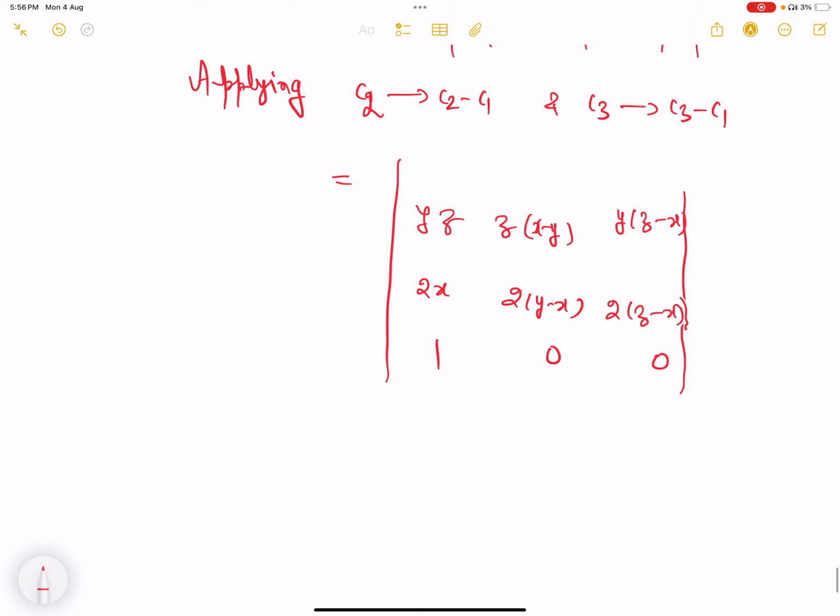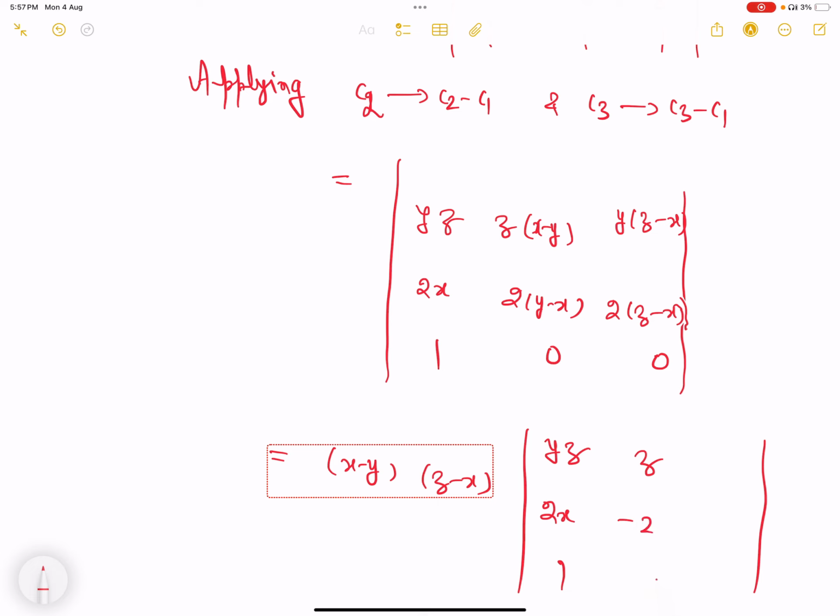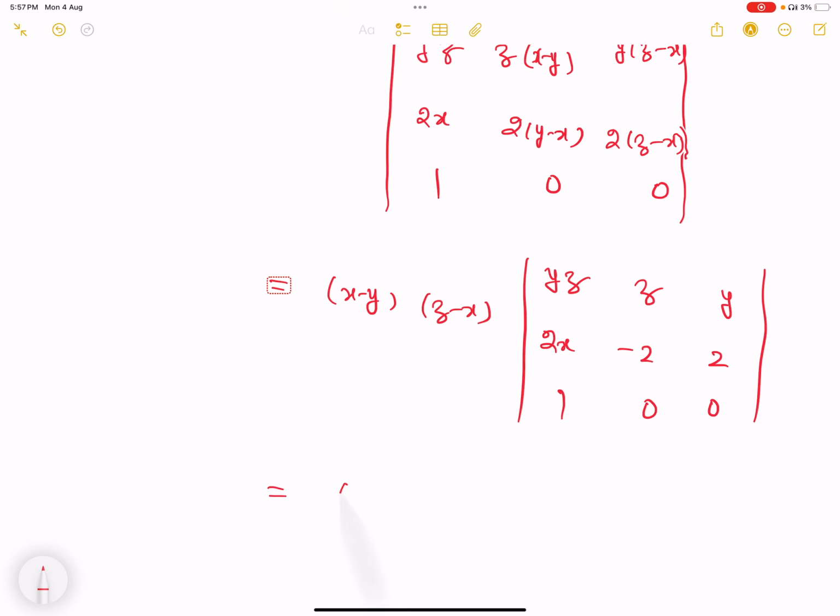Now expanding, from the second column you take (x minus y) common, and from the third column you take (z minus x) common. So it is yz, z, y in the first row; 2x, minus 2, 2 in the second row; and 1, 0, 0 in the third row, times (x minus y)(z minus x). Now expand with respect to the third row.